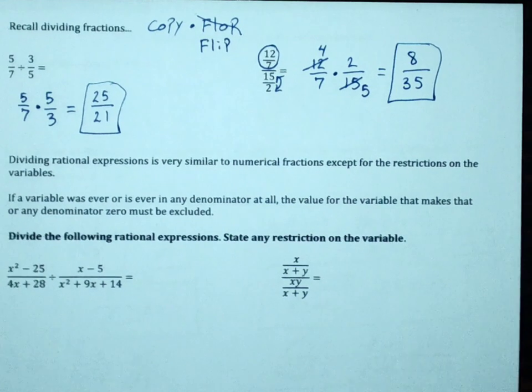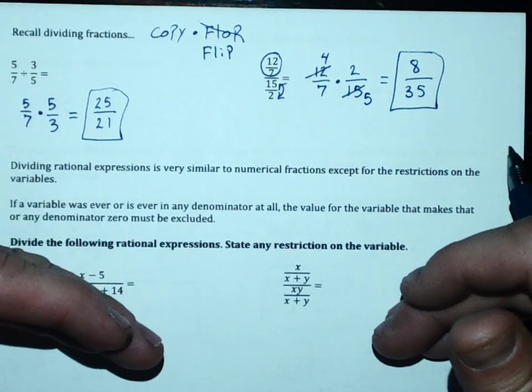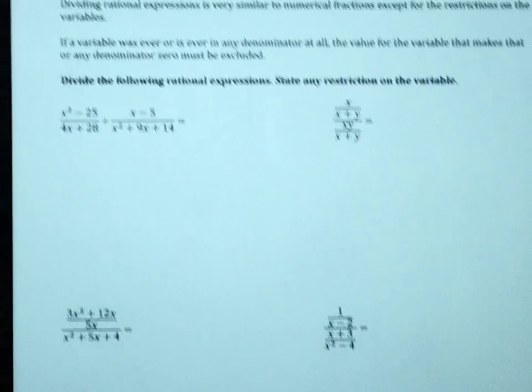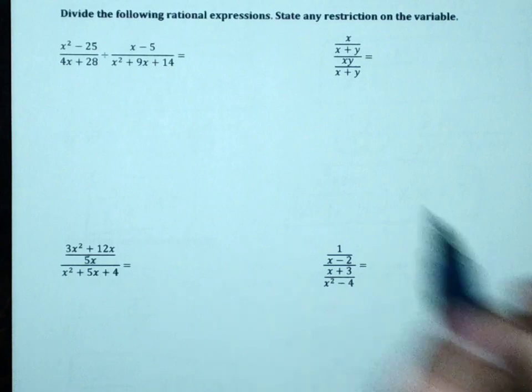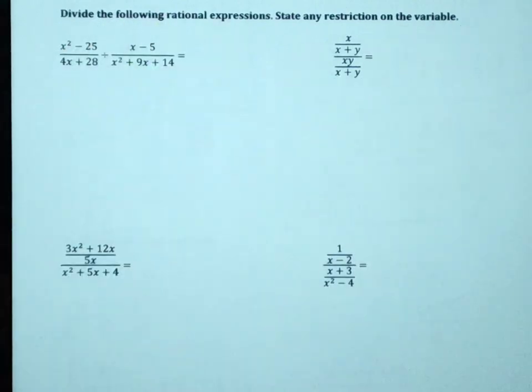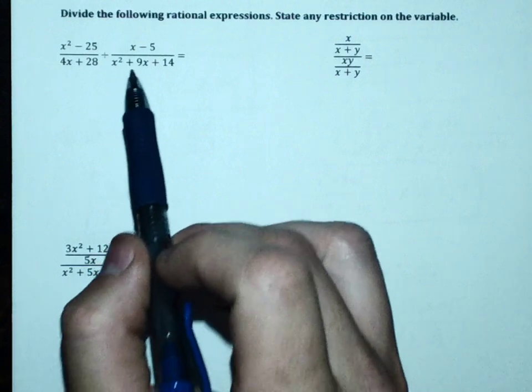So we're going to now take this same idea and we're going to apply it to variables. Dividing doesn't change. You still use copy, dot, flip. In order to do these, especially this first one here, we're going to factor.